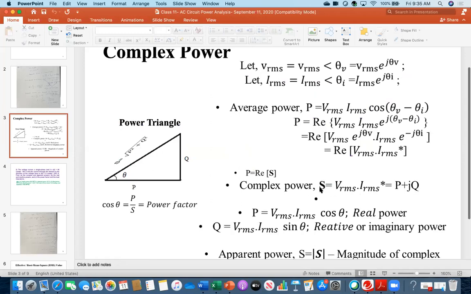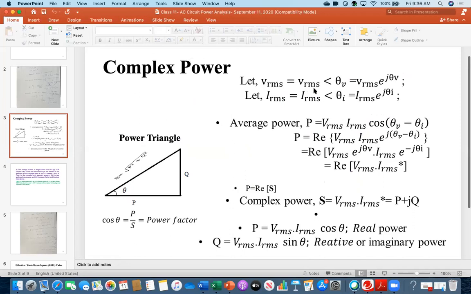Complex power, bold-faced S, is V RMS times I RMS conjugate. This means you have to take the conjugate of the I RMS. So that's why you need V RMS and I RMS, and we have to express them with the angle. The other day I was discussing V RMS angle theta V. So at the beginning you have to write in that format because I have to make the current conjugate.